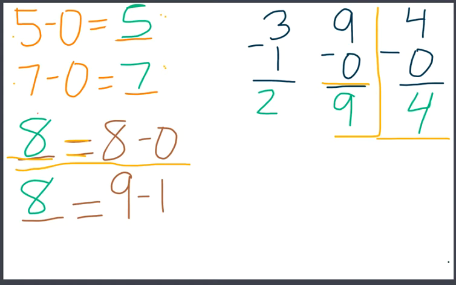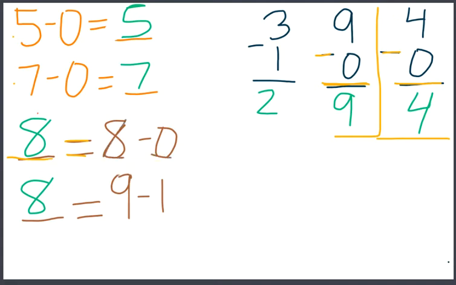So it says 9 minus 0 equals, and then you write the answer below, 9. Same thing right over here, 4 minus 0, and this line right here, write the answer right underneath, equals 4.